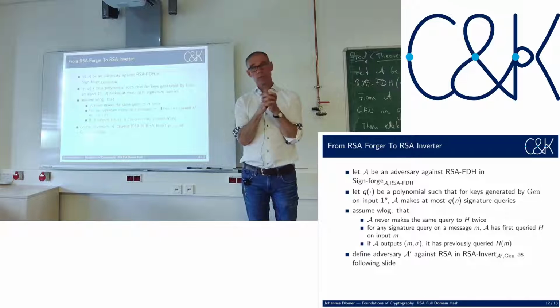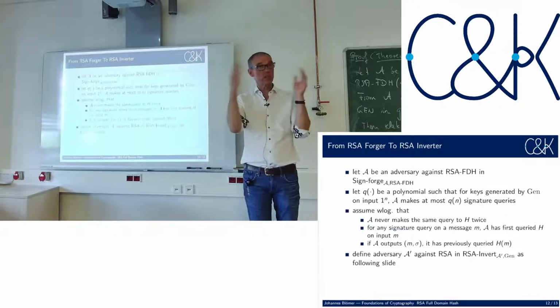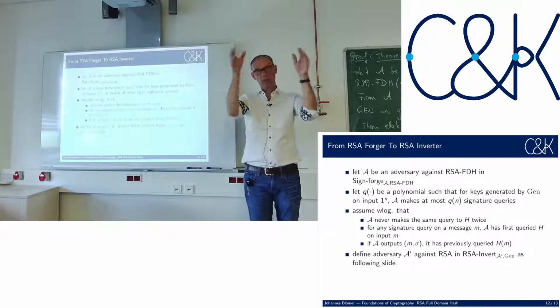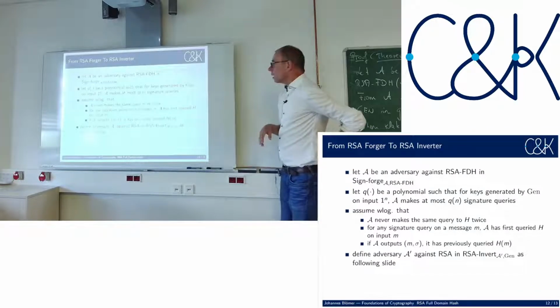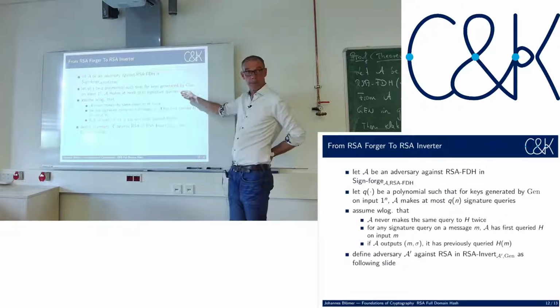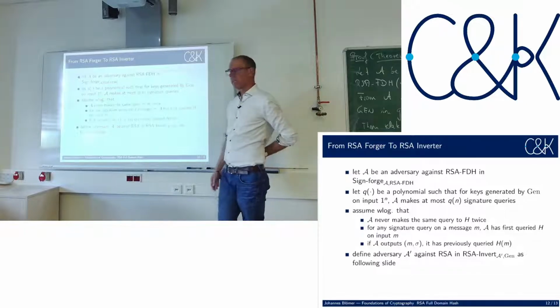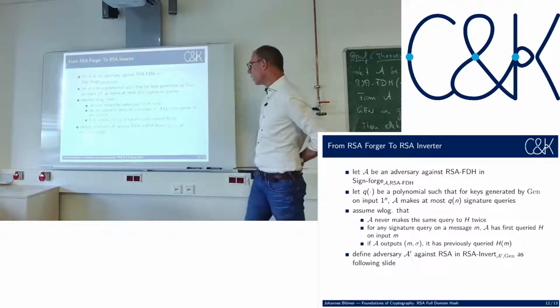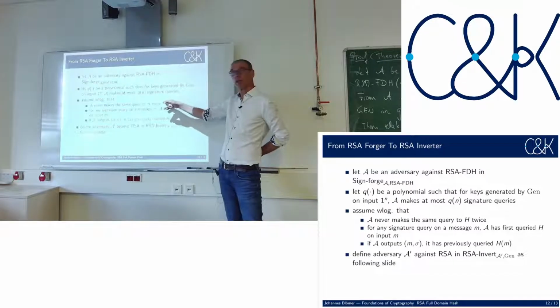Because we are in the random oracle model, everybody has access to this random oracle, independent of signatures. So we have signature queries and we have hash queries. We assume that A never makes the same query to H twice, so never makes this to the random oracle twice.